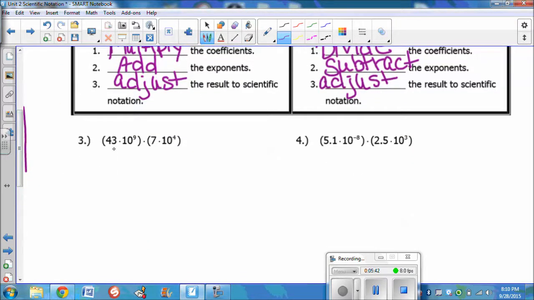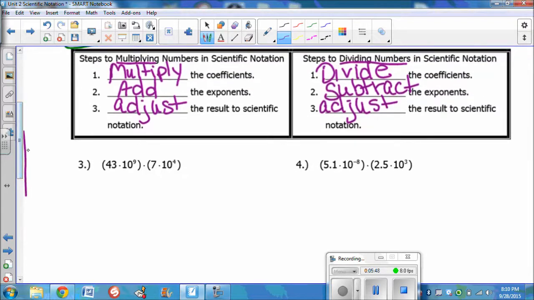So questions 3 and 4 are multiplication questions. Let's do exactly what those steps say. We're going to multiply the coefficients. We have 43 times 10 to the 9th times 7 times 10 to the 4th.